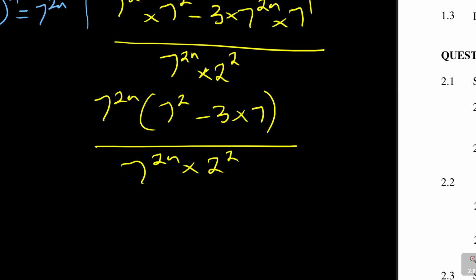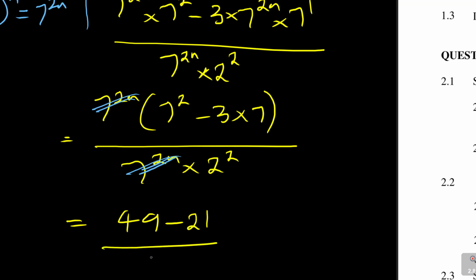Let's continue. See now how the part I was telling you goes. So you cancel out the 7 to the power n there. Now let me just take it back. 7 squared is simply 49, minus 7 times 3 is 21, over 2 times 2 is 4.